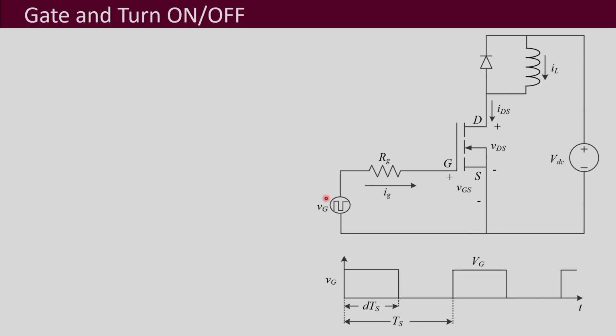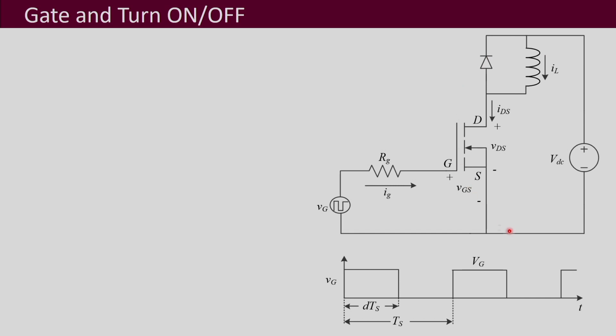This VG replaces the driver that you may be using, so it is represented like a switched voltage source. Then we have the gate resistor RG, which is connected between the gate and the gate driver circuit. And then we have this diode in the power circuit.